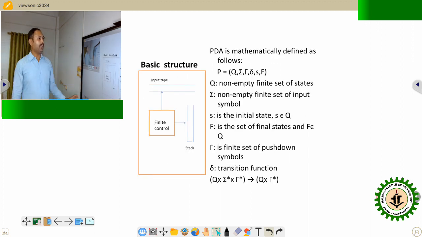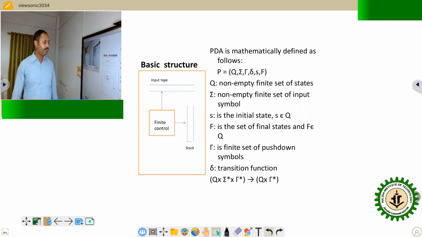Now this is the mathematical definition of pushdown automata. It says that pushdown automata is a combination of 6 tuples. You know what is the meaning of Q? It is a non-empty finite set of states. Sigma is a non-empty finite set of input symbols. This is a transition function, small delta. Small s is the initial state.